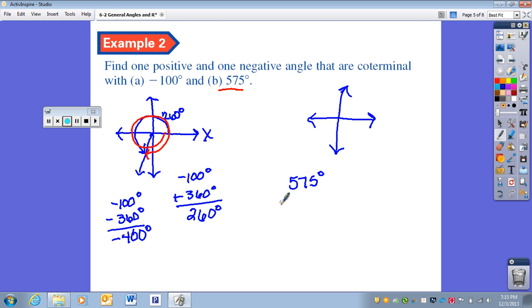So first, if we subtract 360 degrees from 575 degrees, we would find out that that would be a positive 215 degrees. So let's draw a diagram of a positive 215 degrees.